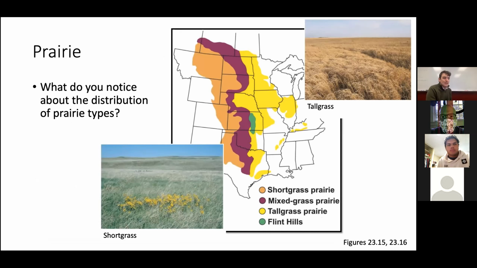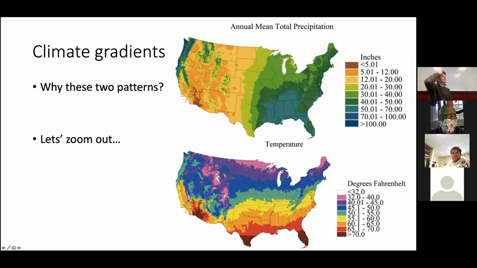Yeah, there are these bands, right? Where it's short grass prairie to the west and tall grass prairie to the east. Why is this? Do either of these patterns look like they match pretty well with the distribution of different prairie types?